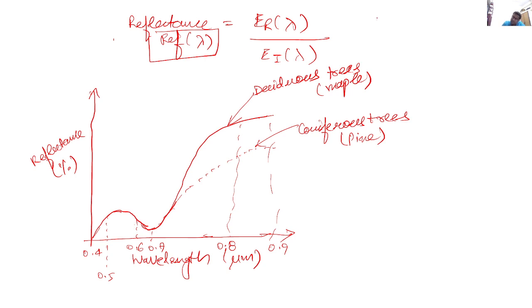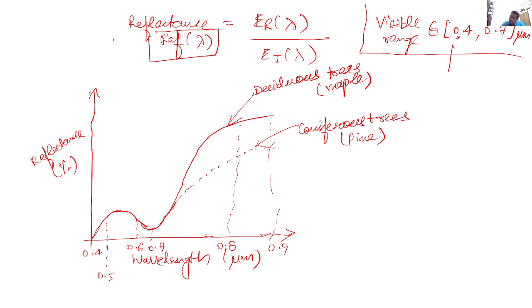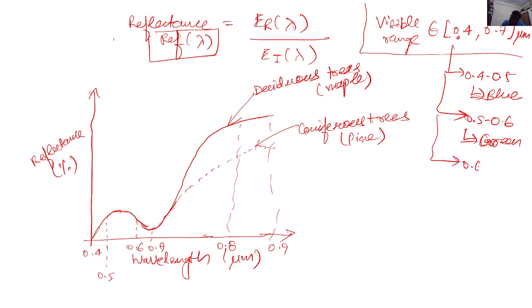Visible range, as we all know, lies from 0.4 micron to 0.7 micron. We all know that. And 0.4 to 0.5 is primarily the blue band, roughly speaking. 0.5 to 0.6 is roughly speaking the green band, and 0.6 to 0.7 is roughly speaking the red band.